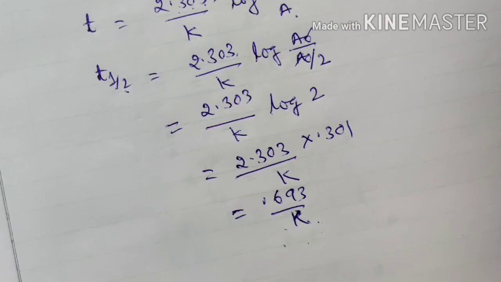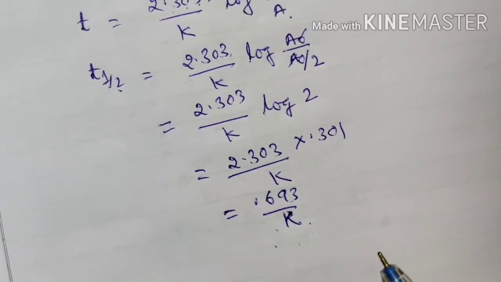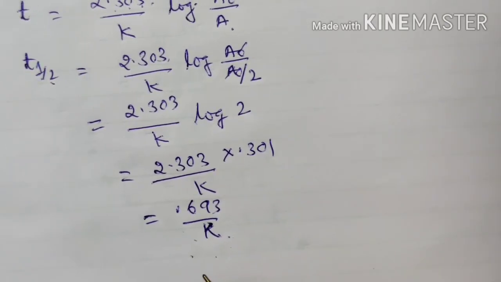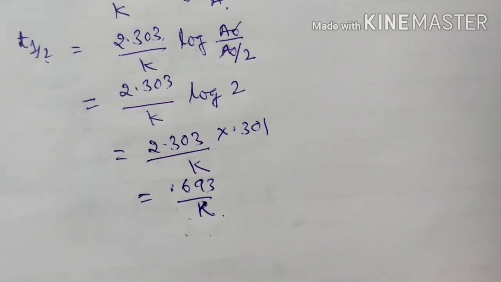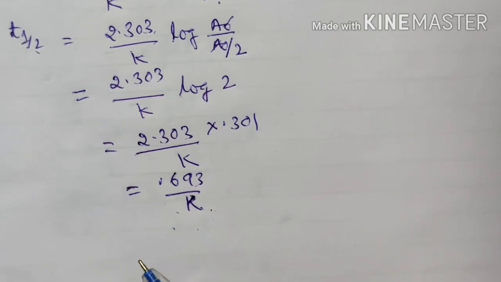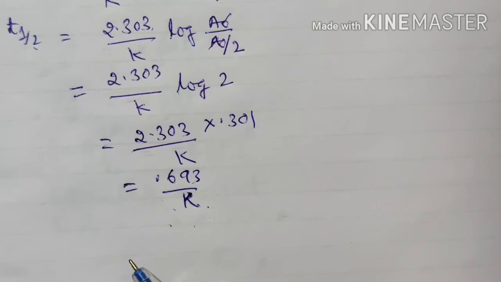Because the time required for the initial concentration to become half is called t half. Clear? Because this expression is independent of the initial concentration, you cannot write the concentration here, and that's why it is independent of the initial concentration.